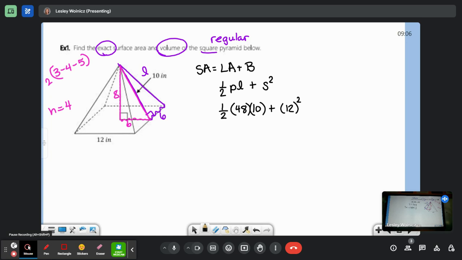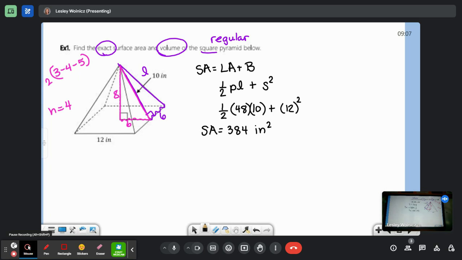Okay, what's 240 plus 144? 384. Okay, so our surface area is 384. What kind of units? Inches. Okay, inches squared. It's 2-dimensional wrapping for our 3-dimensional solid, so it gets square units.